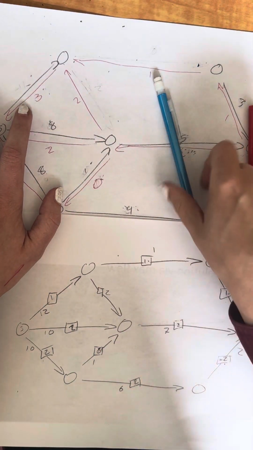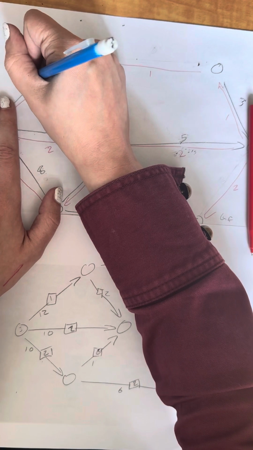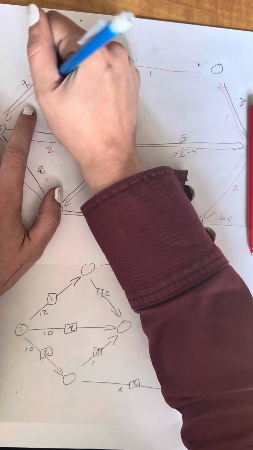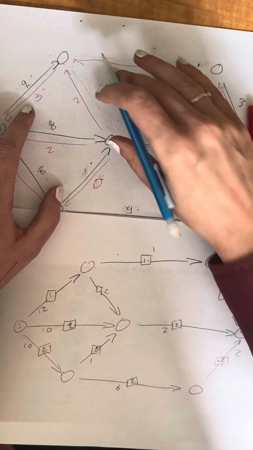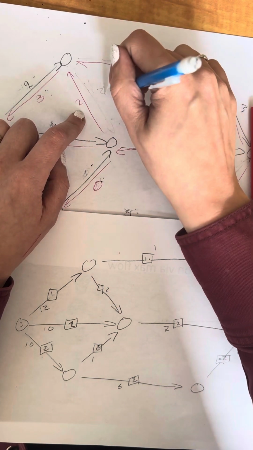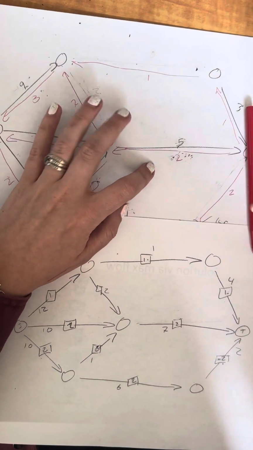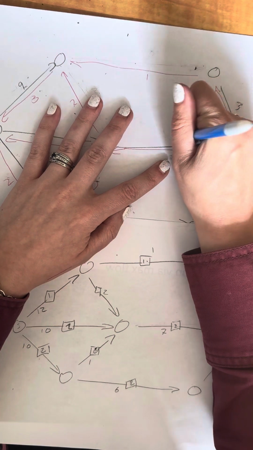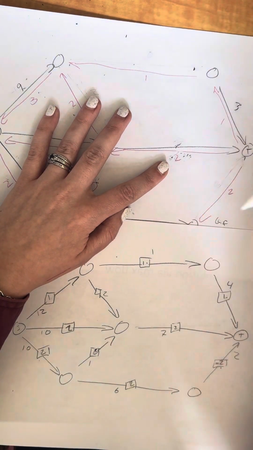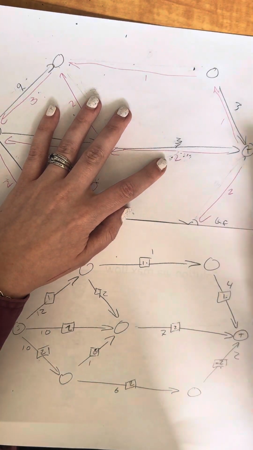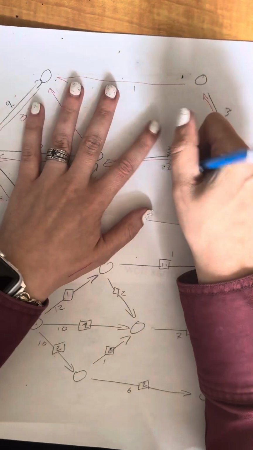I should have done this in order. 11 goes to 9. 9 plus 3 is 12, so that comes down here. This one goes to 0 and 2, and then this one I have increased by 2, so this one goes to 3.